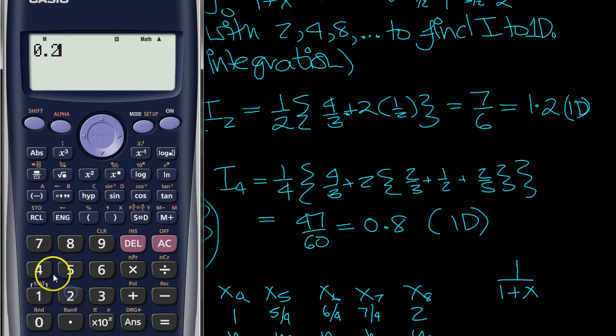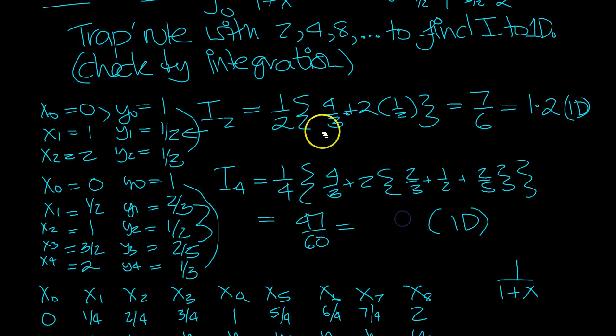So it's 0.25 for that bracket. 4 divided by 3 plus 2 times bracket 2 divided by 3 plus 1 divided by 2, 2 divided by 5. Close the bracket for 2 times. Close the end bracket. 1.1 again here. So that's good news. It's 1.1 here.